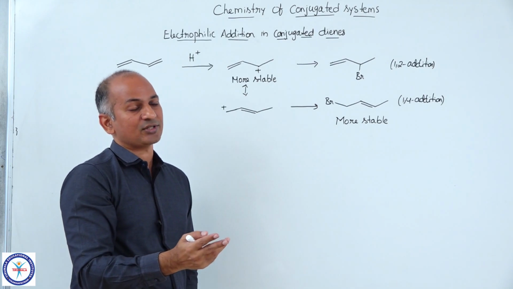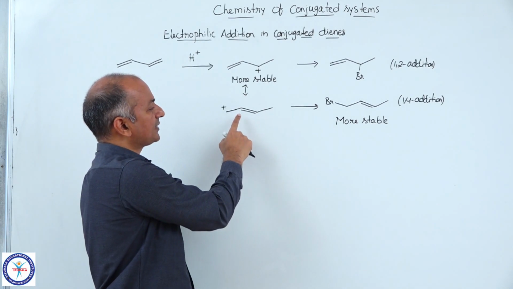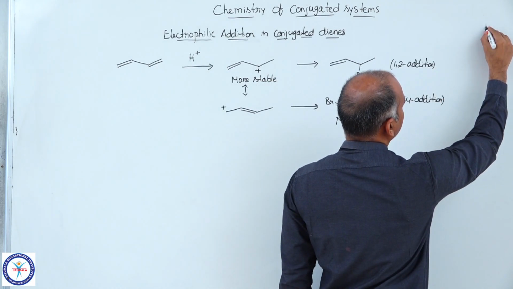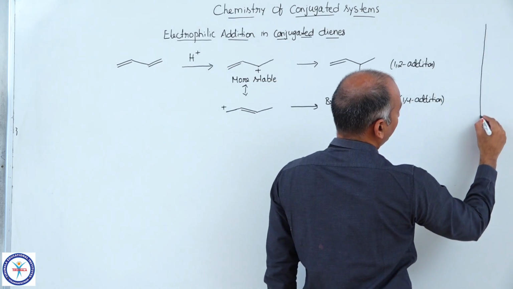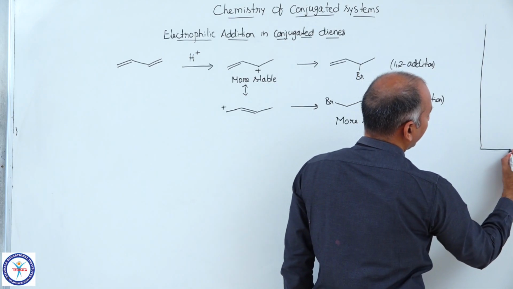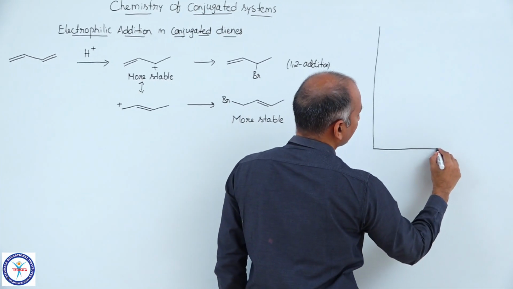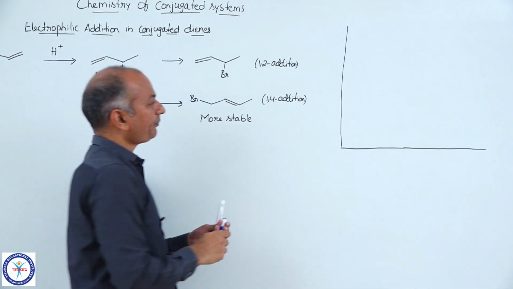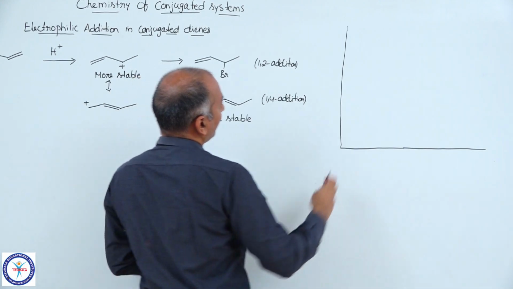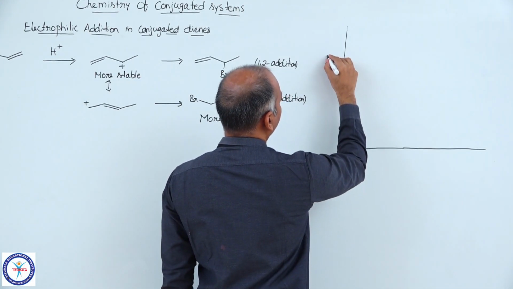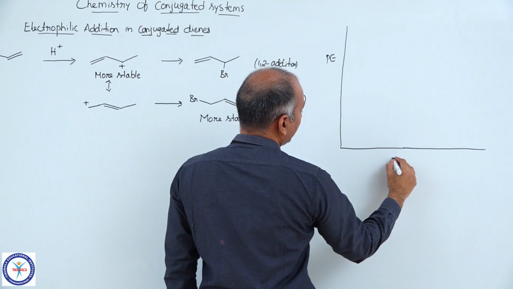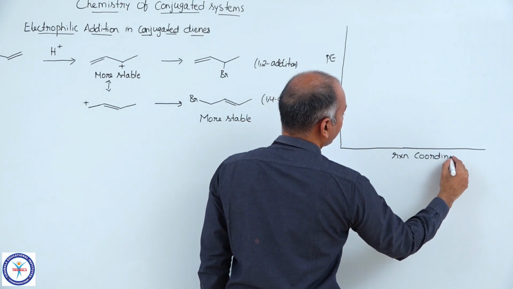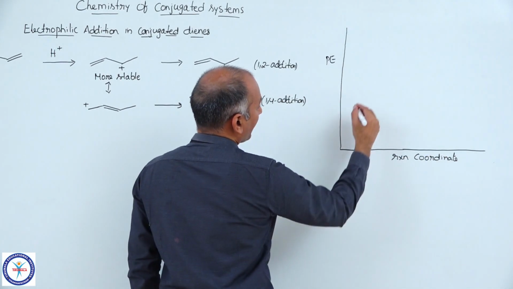1,4 addition, 1,2 addition. Suppose you see its energy profile, then the energy profile is like this: potential energy versus reaction coordinate. This is potential energy, this is the reaction coordinate, the x-axis.